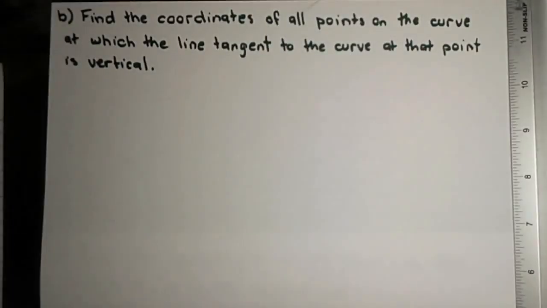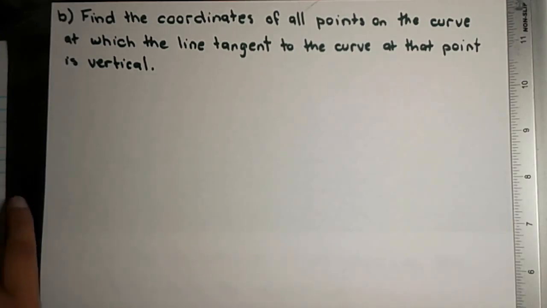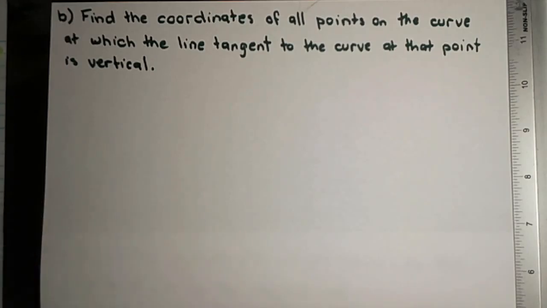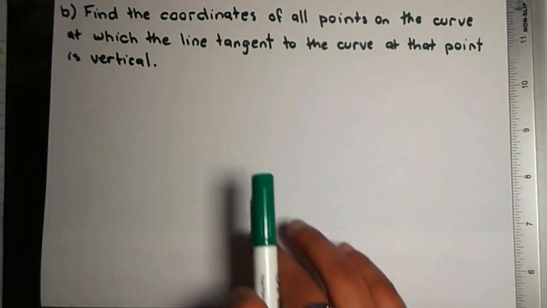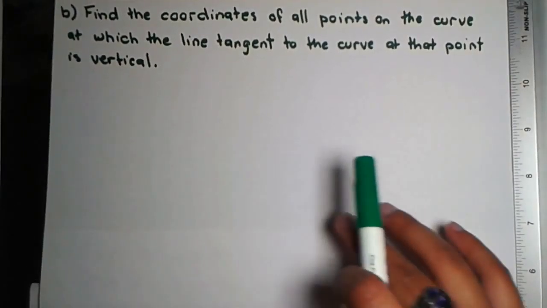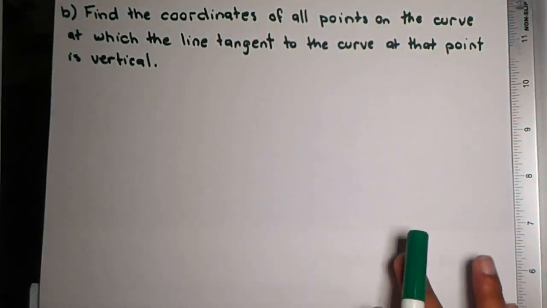For our next part, part B, it wants us to find the coordinates of all points on the curve at which the line tangent to the curve at the point is vertical. So remember, a vertical line has a 0 for the denominator of its derivative or its slope.